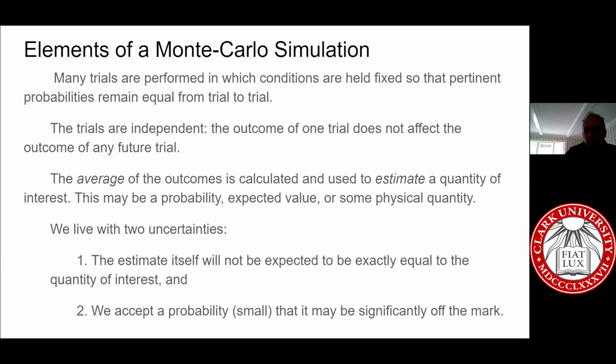So we live with two distinct uncertainties. The first is that we will never expect that our estimate, the 1/8, is the exact probability. It's an approximation. It's a point along the way in the limit that the law of large numbers provides. We accept also a small probability that we may be way off, because a limit really doesn't say anything about the probability at a finite n.